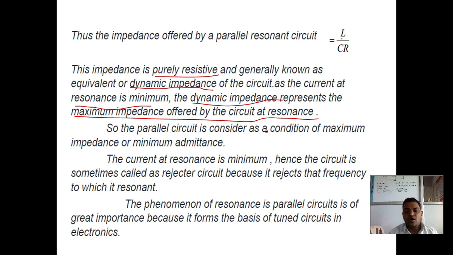The current at resonance is a minimum, hence the circuit is sometimes called the rejector circuit, because it rejects the frequency to which it is resonant. The phenomenon of resonance in the parallel circuit is of great importance. It forms the basis of the tuned circuit in electronics.